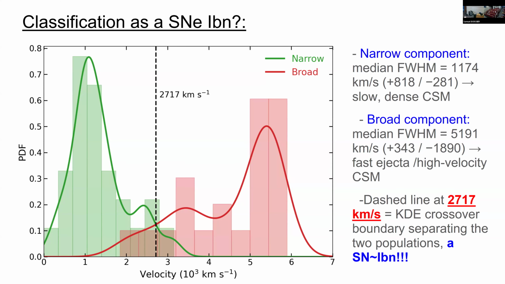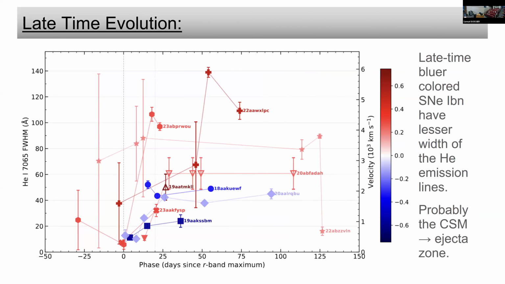The narrow component peaks at about 1100 km per second, the broad component peaks at about 5000 km per second, and the crossover point of these two populations is 2700 km per second. So we tried to say that whatever is below 2700 km per second, if you see a narrow helium line, then you could safely classify this as a Type Ibn supernova.